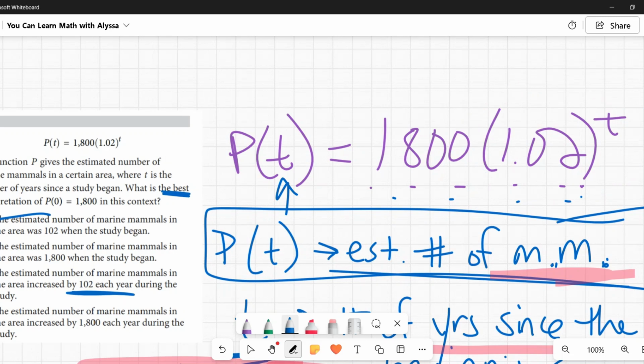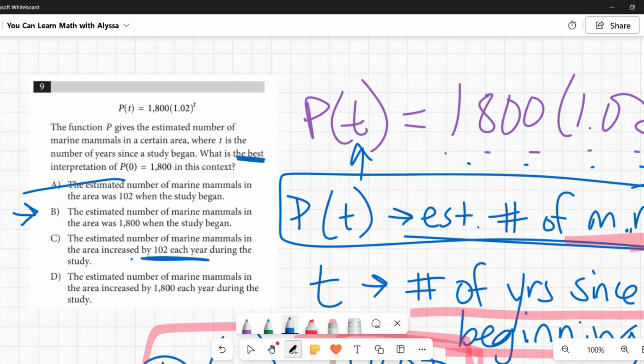It's not going to be increasing by 102, a flat rate each year. That would be a linear equation, increasing by a set step each time. This is an exponential function, so it's increasing by a percent. This represents a 2% increase each year. That's what that 0.02 means. So this is not a good answer.